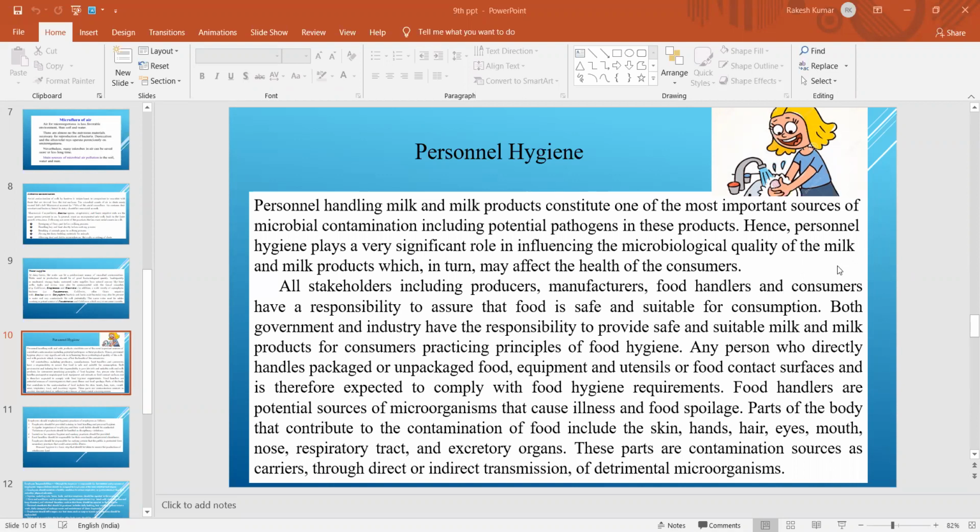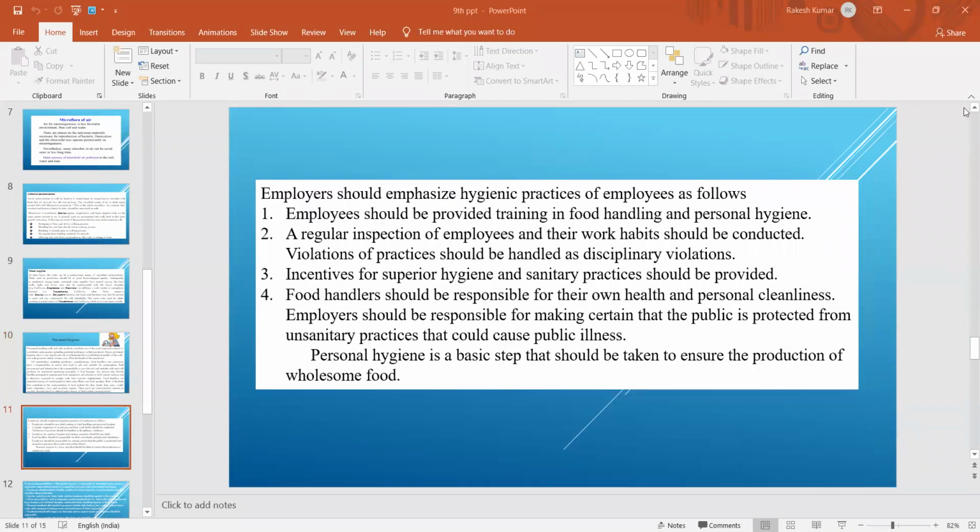And sometimes parts of the body are responsible for adding different types of contaminants through skin, hands, hair, eyes, mouth, nose, respiratory tract, and excretory organs. So through these parts, a number of different kinds of microorganisms may enter into the system. So you should avoid all these things. So personal hygiene is very important.